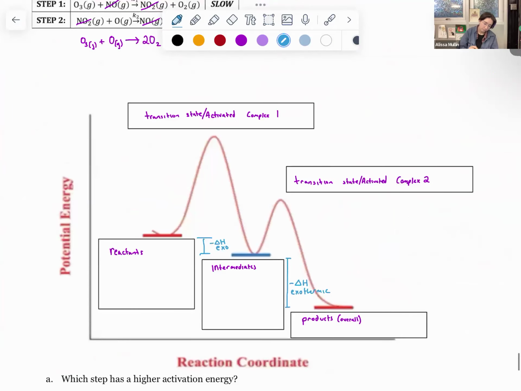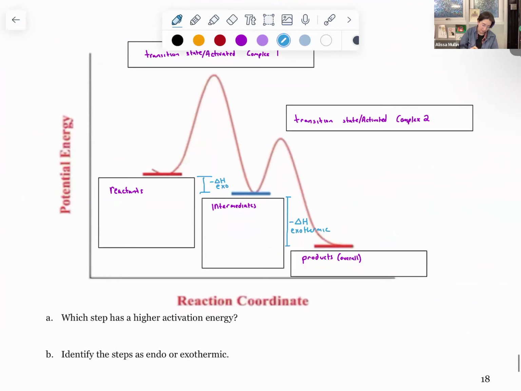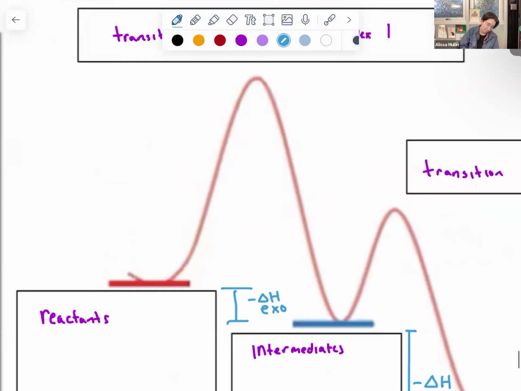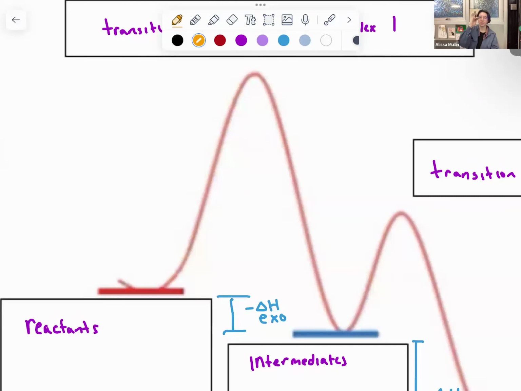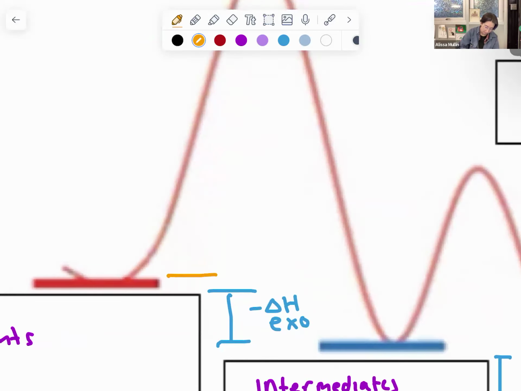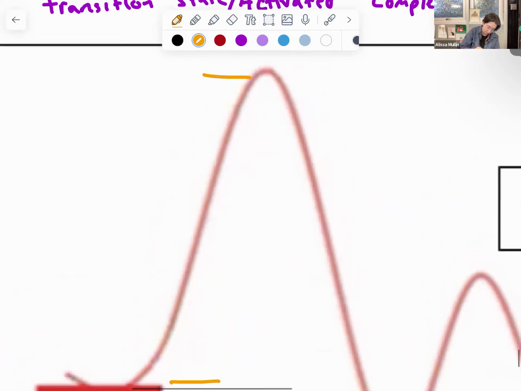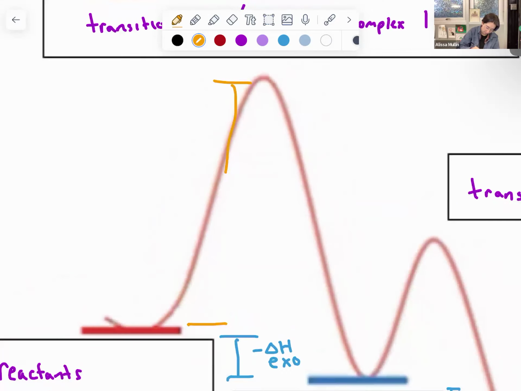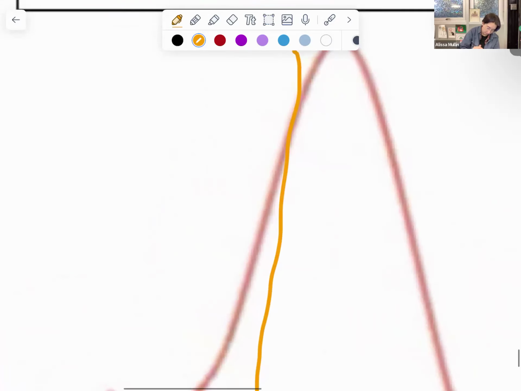The other thing they like to ask about a lot is our activation energy. Activation energy is from wherever you're starting to the top of the hill. So for this one, it would be from here up to here. This whole change is your first activation energy.